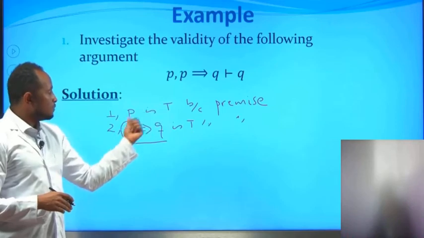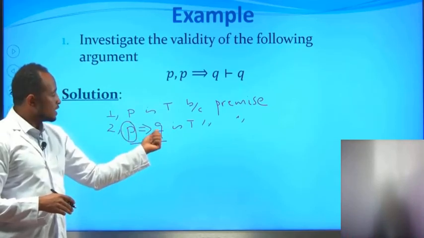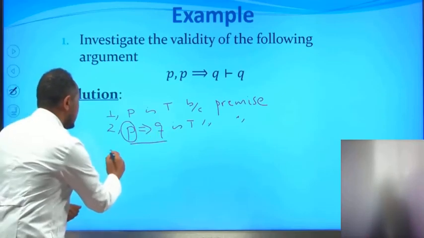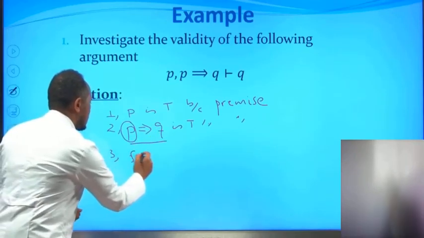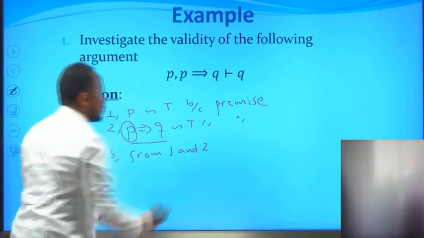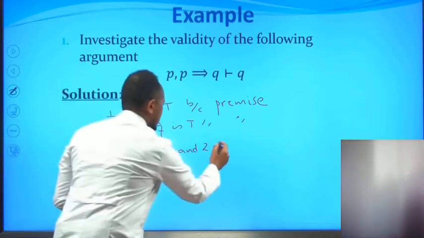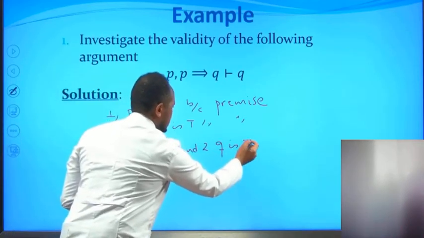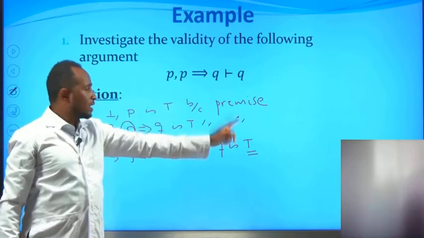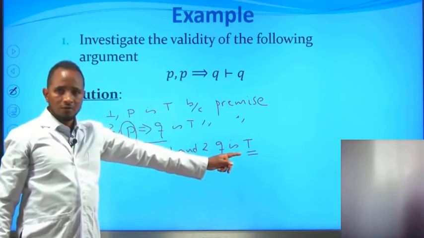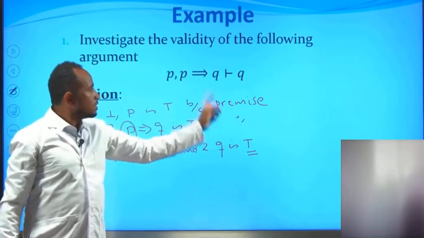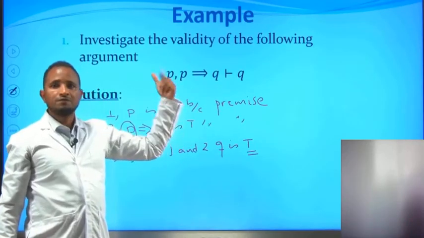Therefore, since P is true and true implies something is true, Q must be true. So from 1 and 2, Q is true. What is our conclusion? Our conclusion is Q, and we arrived that Q is true. Therefore, assuming the premises to be true, the conclusion becomes true. Therefore, this argument form is valid.